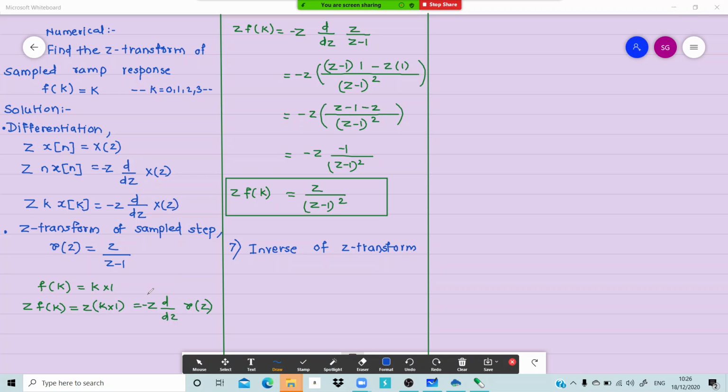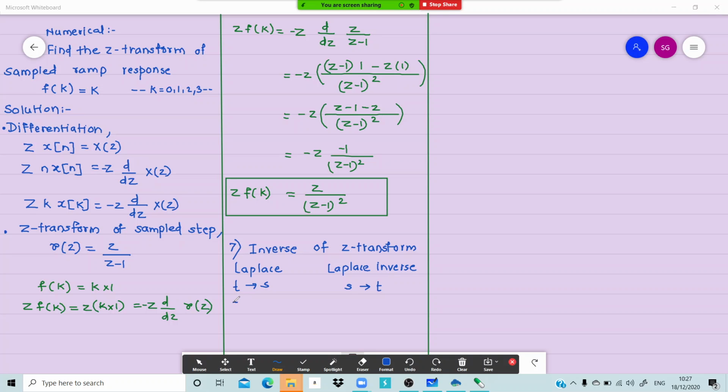In Laplace transform, you go from T domain to S domain. When you are saying Laplace inverse, you are going from S domain to T domain, correct?